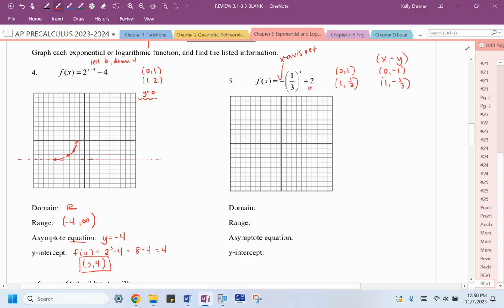And then we're going to be going up 2. The line that was at y equals 0 is now going to be at y equals 2. So up 2. And then we have 0, -1, but then go up 2. And 1, -1/3, go up 1, 2.